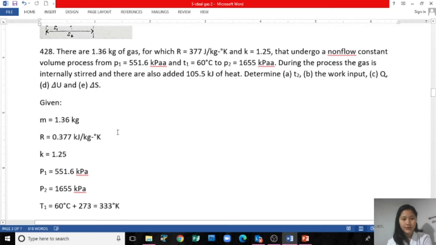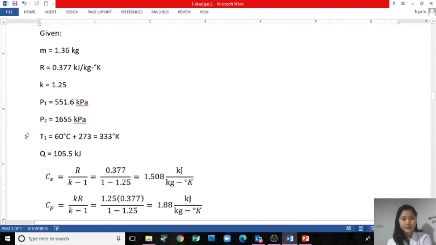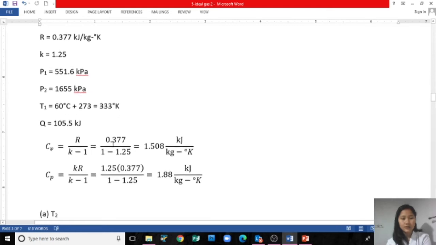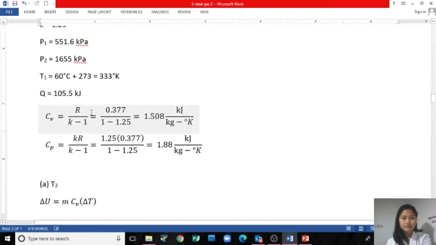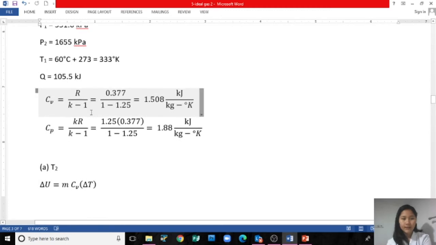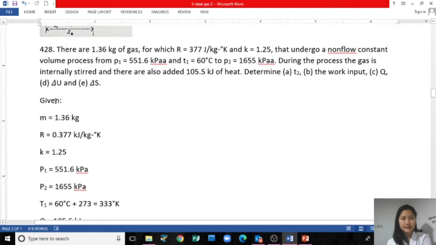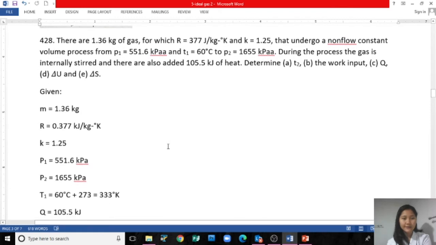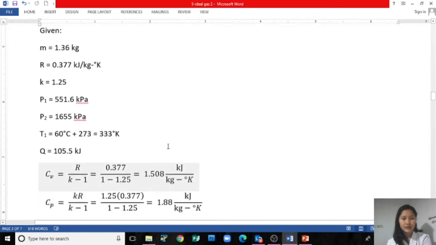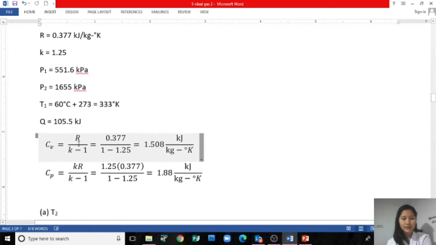So we have the following given. For the T1, we just have to convert this into degrees Kelvin, just add 273. The T1 therefore is equal to 333 degrees Kelvin. Now for the CV, since it is not stated here what type of gas was used, we have to manually calculate it.